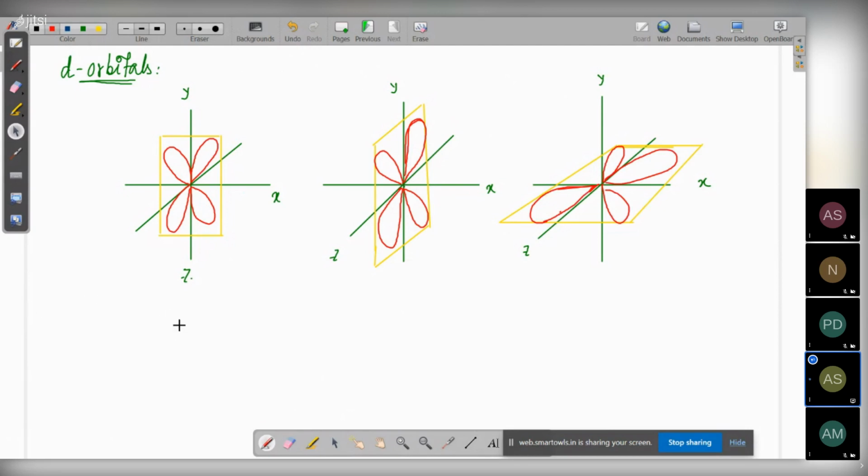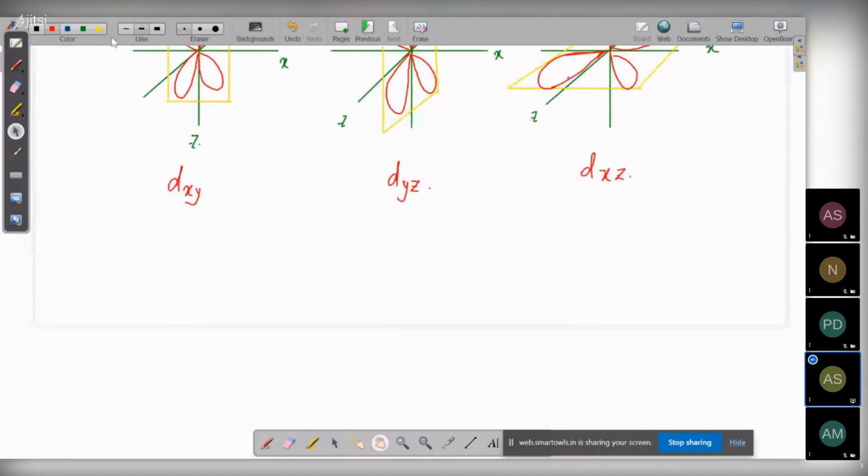So this is your dxy, dyz and dxz. Now let's draw the other two, that is your dx square y square and dz square.